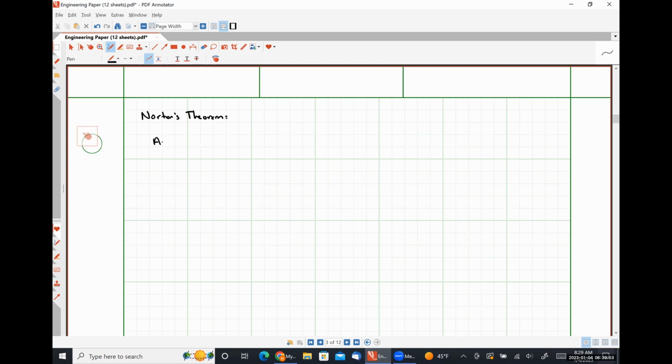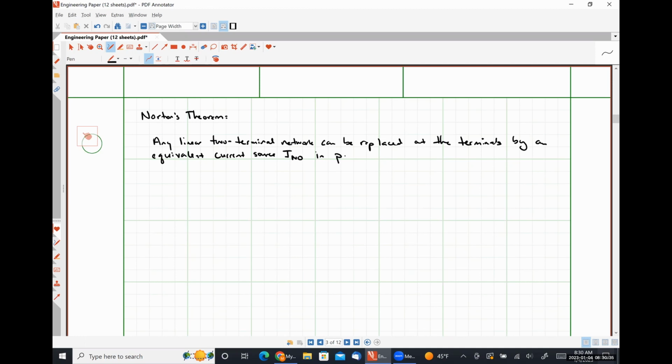So Norton's theorem states that any linear two-terminal network can be replaced at the terminals by an equivalent current source, I Norton, in parallel with an equivalent resistance, R Norton.